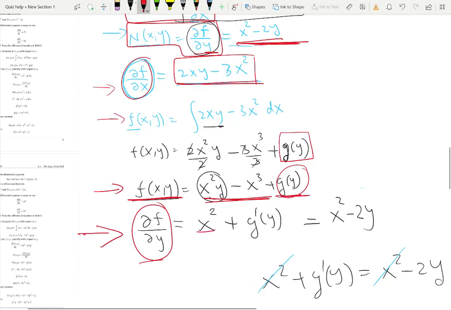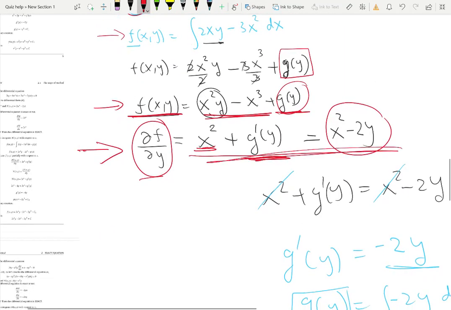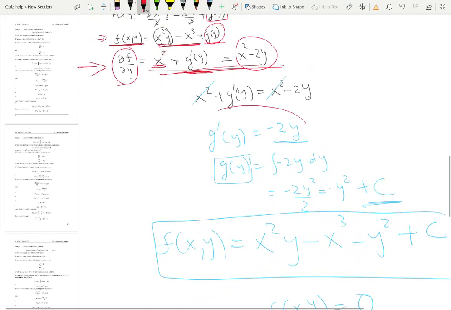If you differentiate g, we don't know that, so we differentiate with respect to y and just say it's g prime of y. So we get x squared plus g prime of y. But supposedly it should be equal to x squared minus 2y, because we know that from a fact. Now from here we solve for g. If we cancel out and simplify, g prime of y is negative 2y.